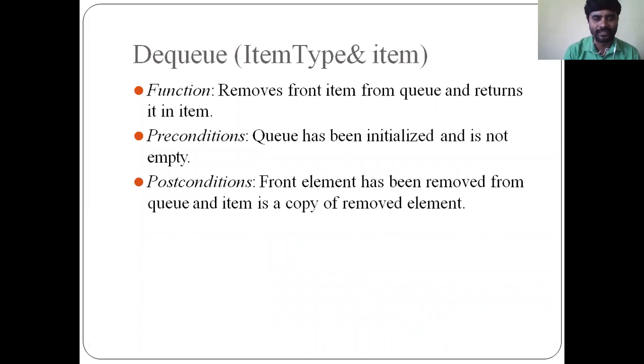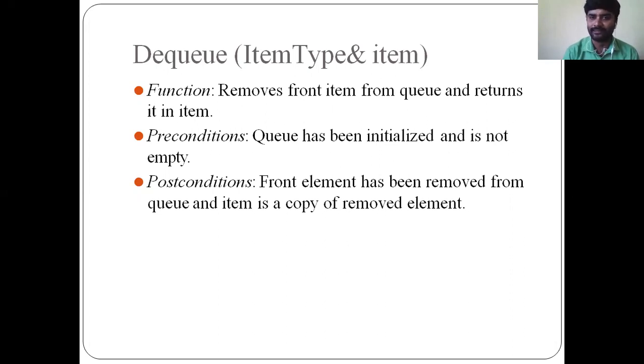Now the DQ function. What is DQ? DQ removes the front item from the queue and returns that same item. We have two conditions in DQ also, the precondition and the postcondition. In the precondition, the queue has been initialized and is not empty.